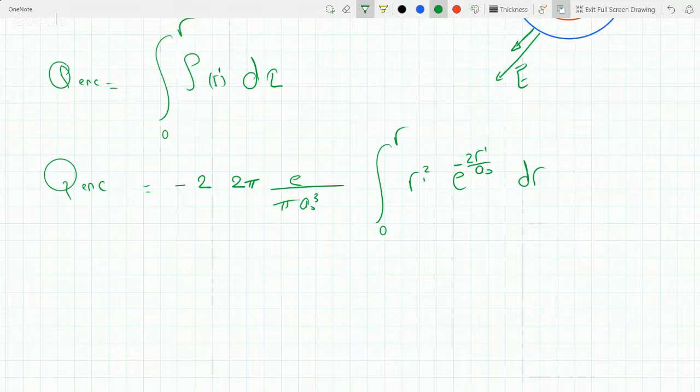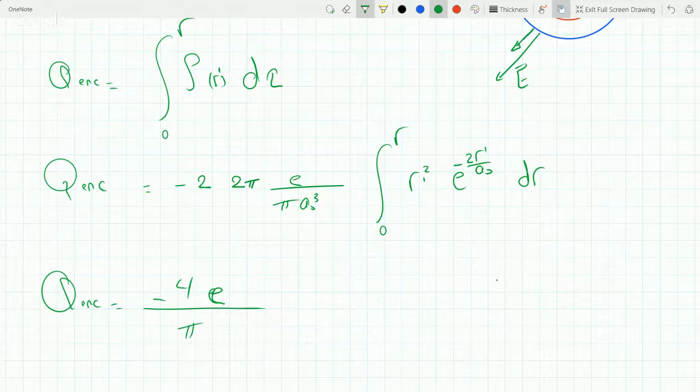So Q enclosed is equal to minus 4 pi, pi goes away, cancels out, simplify as we go, so 4e over pi a0 cubed.